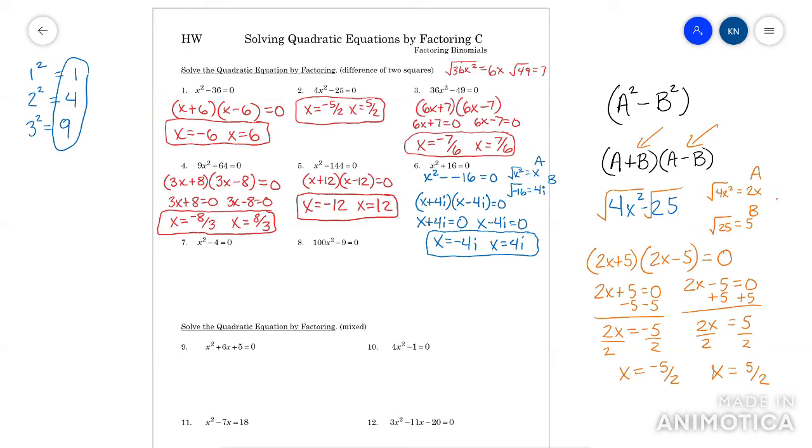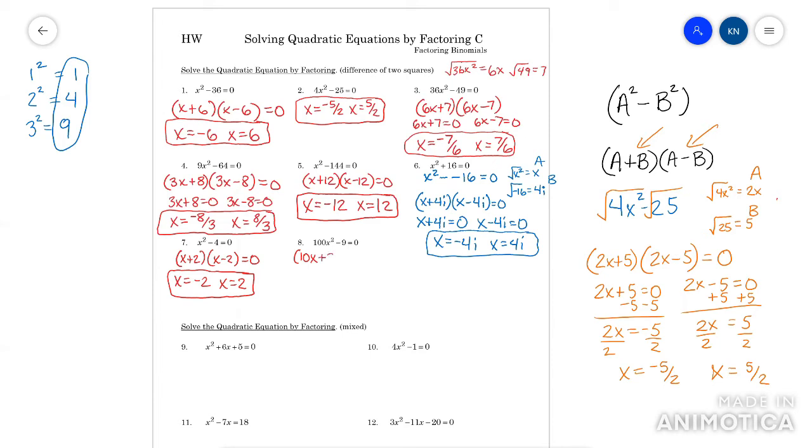This one, the root of 4 is 2, so this one's like x plus 2, x minus 2 equals 0. Set each factor equal to 0. That one's easy. The next one, root of 100 is 10, so that first part's 10x.